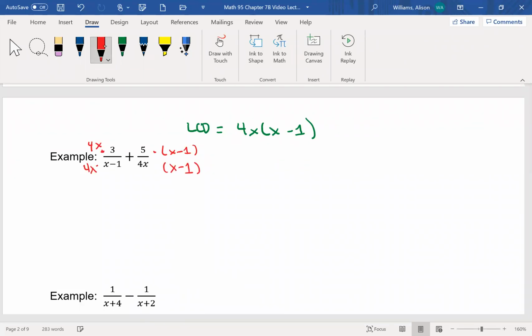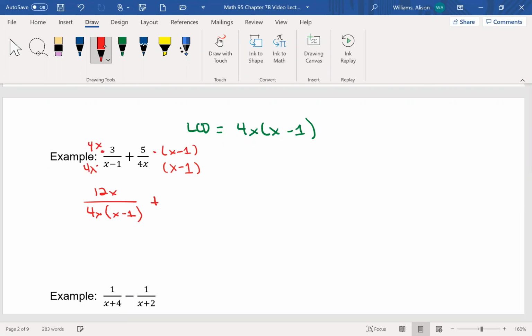So the first fraction is going to be 12x over, and I'm going to write this in factored form. I'm not going to multiply it out. That's on purpose, because in my last step, when I might be simplifying, I don't want to have to refactor the denominator back out. I'm just going to leave it in factored form to save me a little bit of trouble.